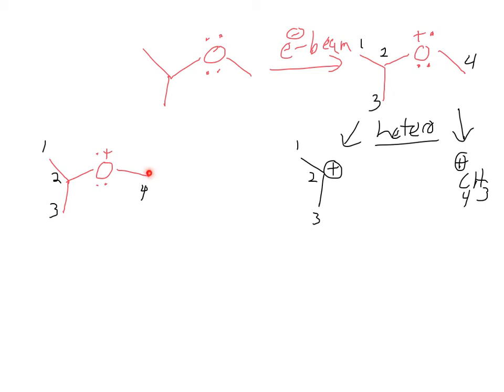Here's the alpha carbon. What's it bonded to, beta? Only hydrogen, so we have to draw those hydrogens in. I didn't say it was impossible to break an alpha-beta carbon-hydrogen bond, it's just less likely. If this carbon's alpha, all these hydrogens are beta. So we're going to break this alpha-beta bond.